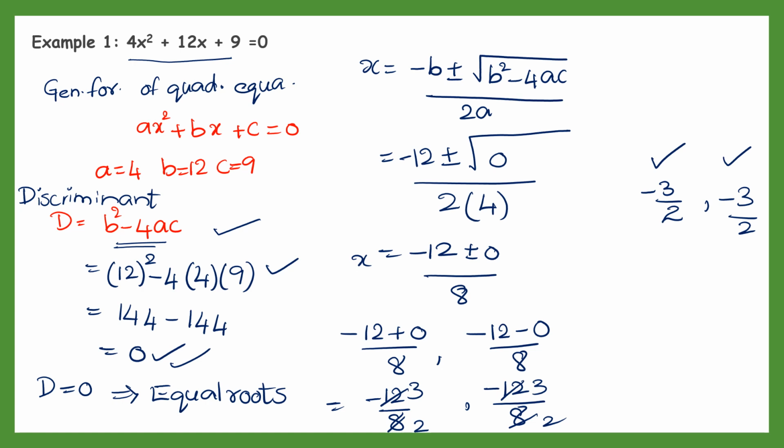When the discriminant is equal to 0, you will get two equal real roots. This is verified.